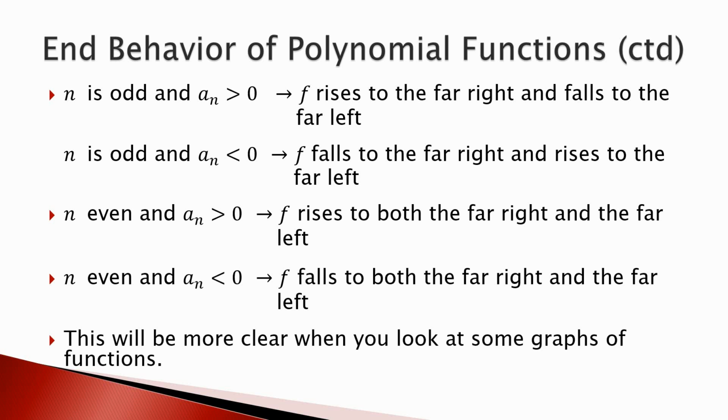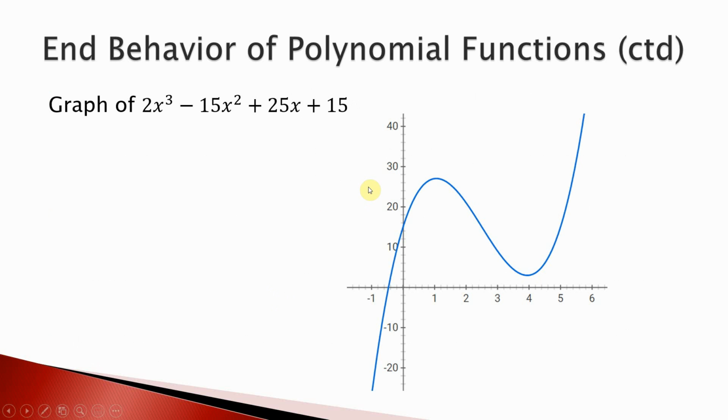This will be more clear when you look at some graphs of functions instead of reading this presentation. So consider this function. The term with the highest power is 2x cubed.